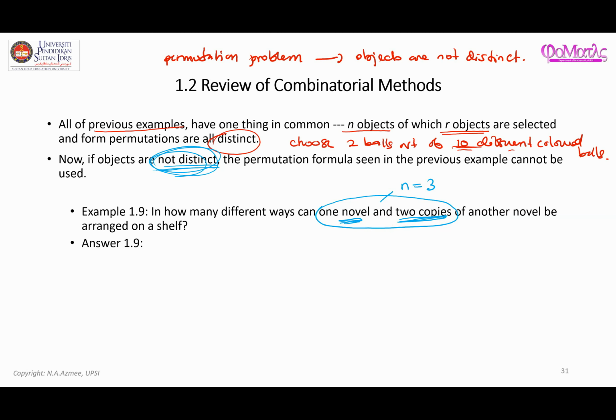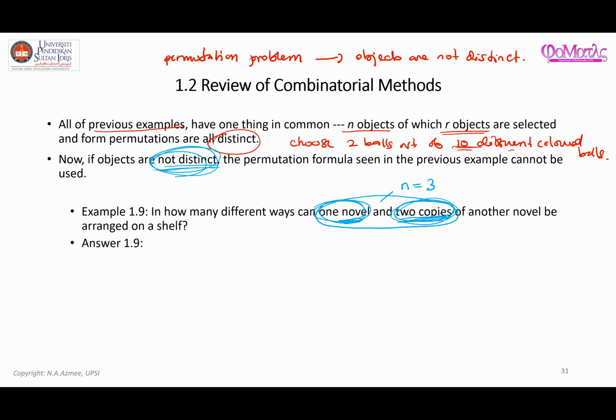So here we've got 2 objects that are not distinctive; they are the same. The question is asking you to find how many ways of arranging one novel with a different title and 2 novels of the same title.